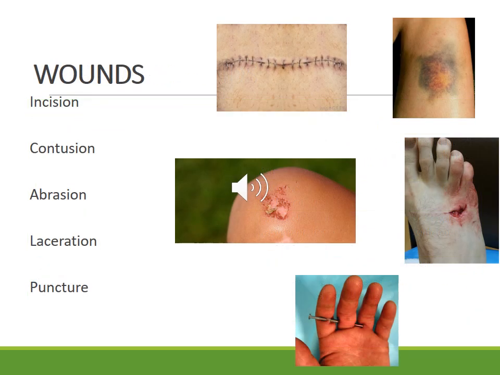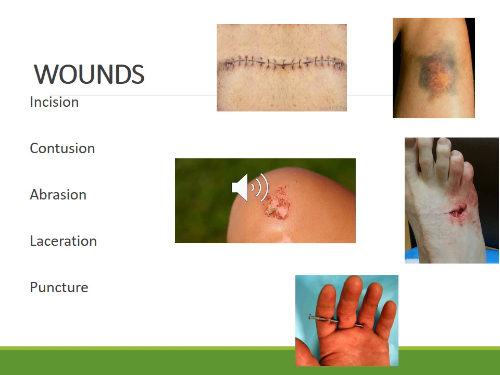And as I said in the previous slide, these are some pictures to give you a visual of an incision. So the top picture on your left-hand side, if you're looking at the screen, is that surgical incision that was made. This one has been stapled shut.